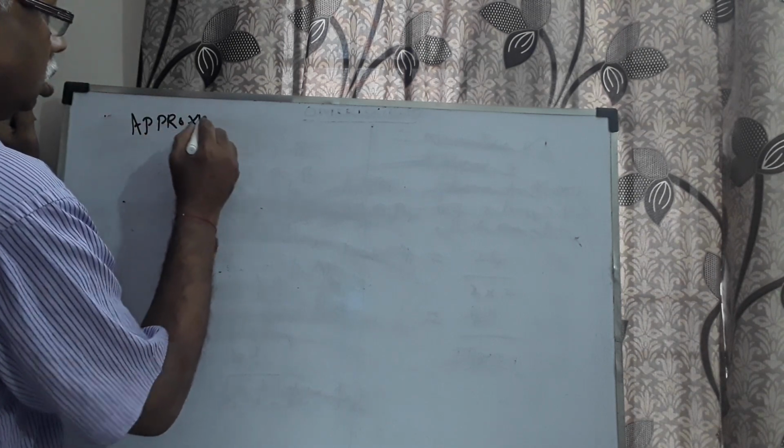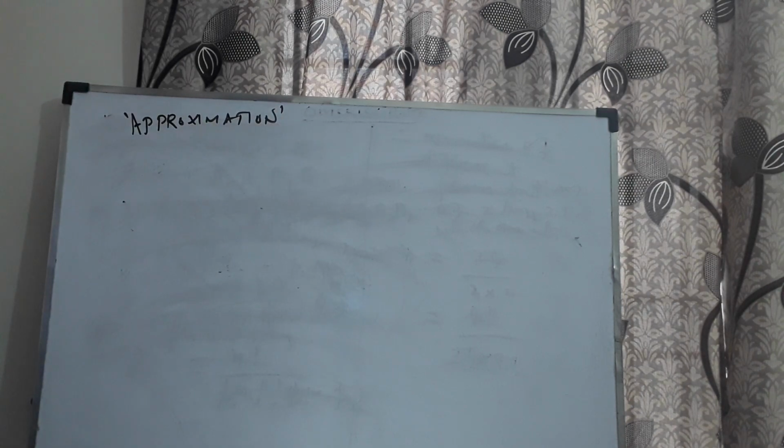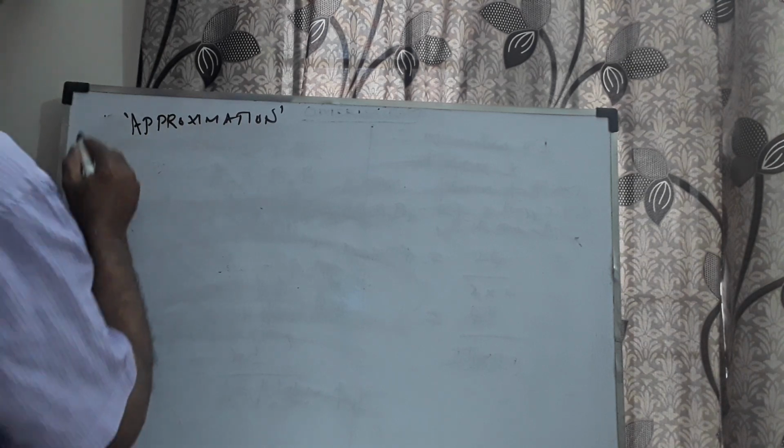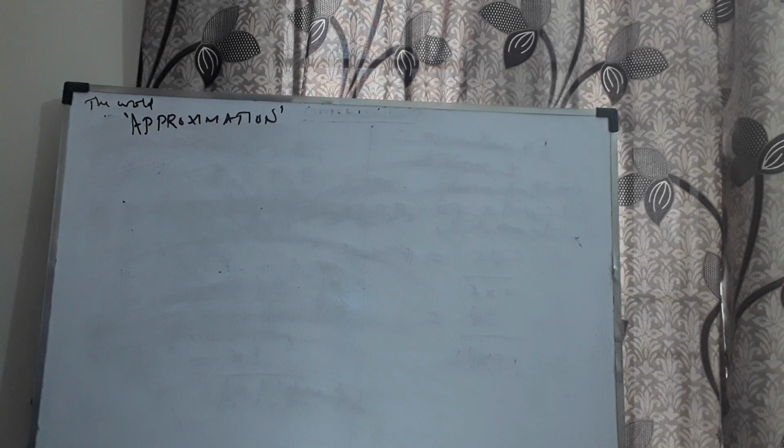You are given the word approximation. Find the probability of arrangement of the letters of the word approximation which starts with A and ends with A.